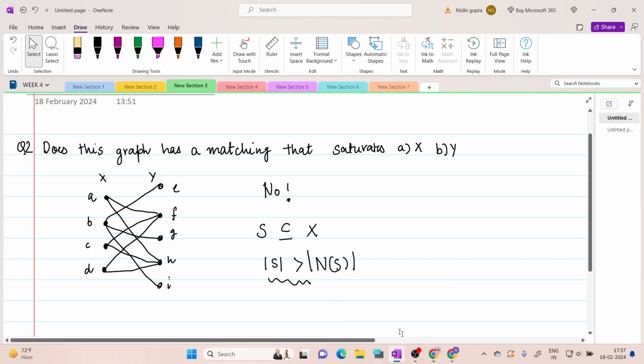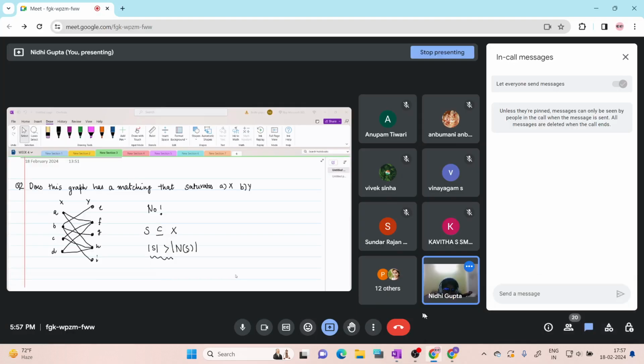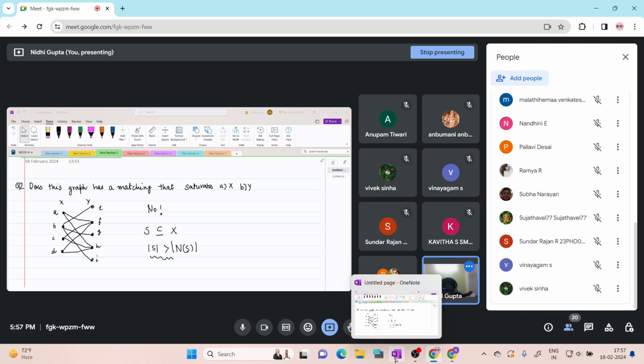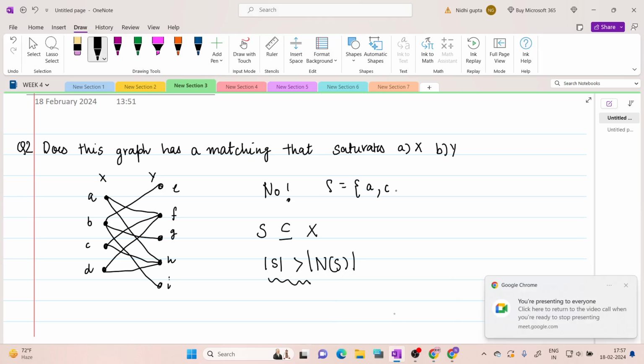So somebody has raised it. Is your set also the same, Miransh? So somebody raised their hand there. The set he is saying is A, C, D.